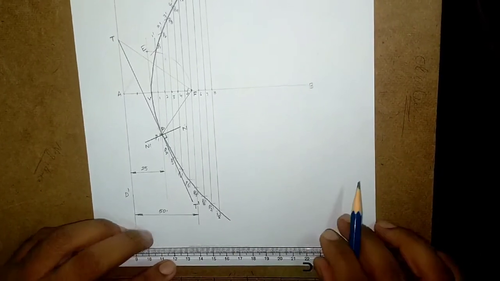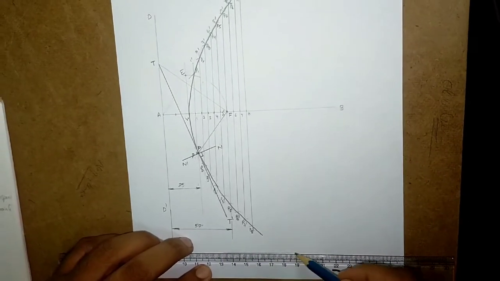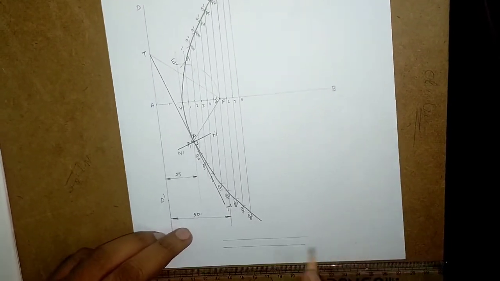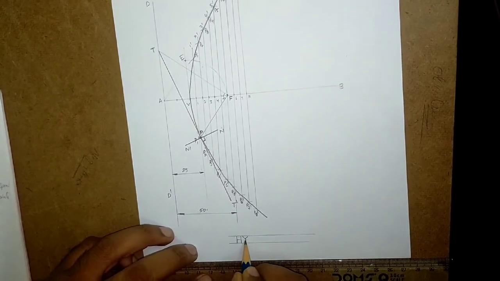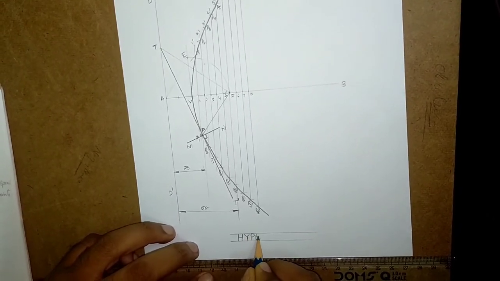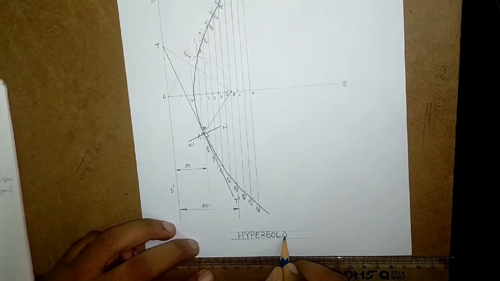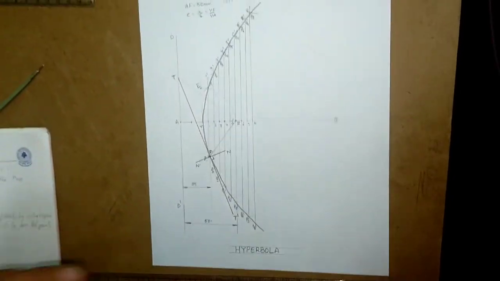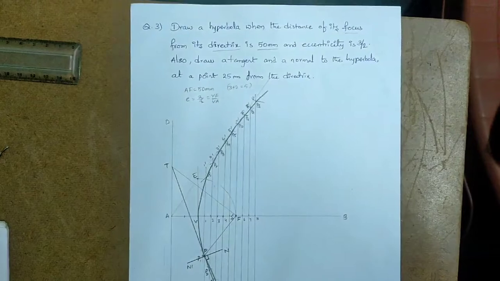Draw two parallel lines with height equal to 5 mm. This is our required curve, the hyperbola.